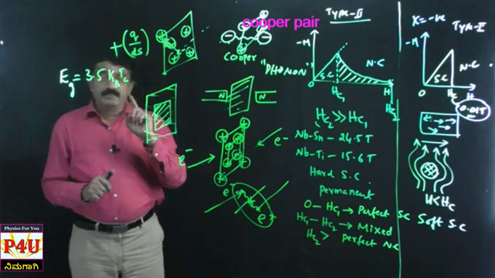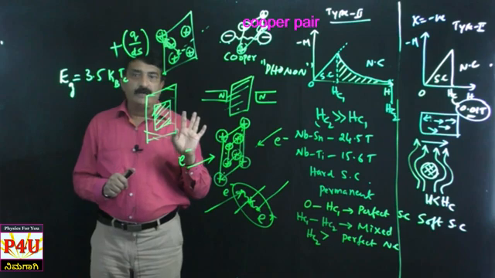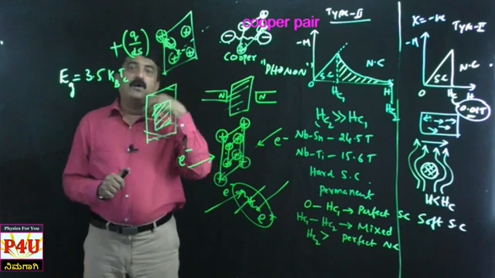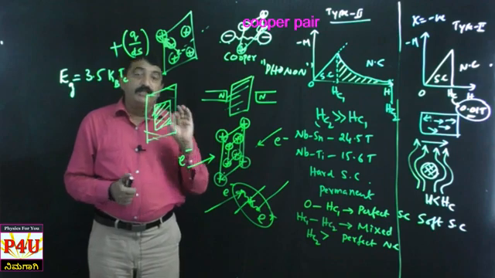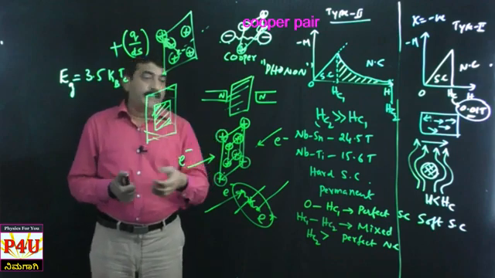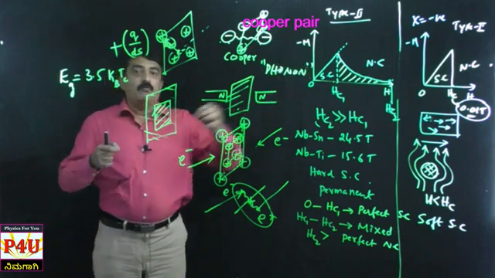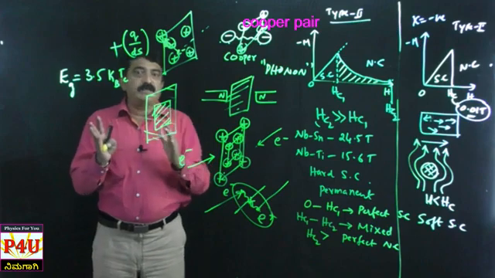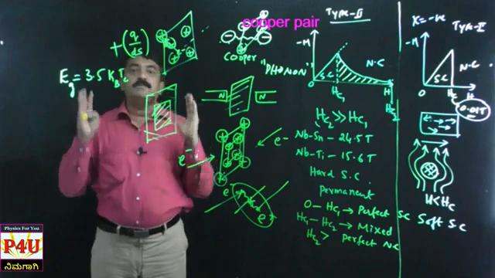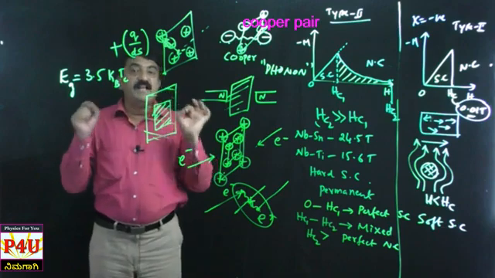Second thing, this is also quite important. Once one Cooper pair is formed, within no time all other electrons will follow the same procedure. Within a fraction of a second, their number increases like anything. Over 10 power minus 6 meter of length within the specimen, you will find billions of Cooper pairs, and all the Cooper pairs are identical.